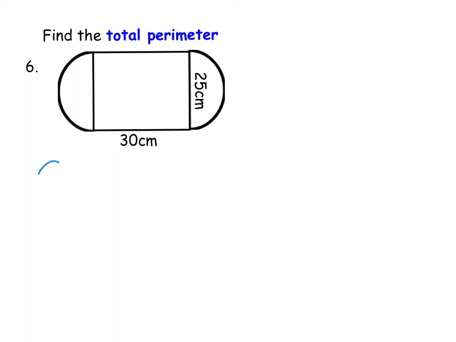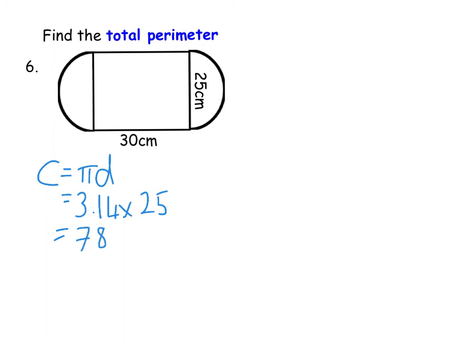So for the circumference part, it will just be normal pi d because it's a full circle. So we'll have 3.14 times, now diameter there is 25. So we'll do that on our calculator, which gives us 78.5. Now the total perimeter would have been my arc, and then I've got a 30 at the bottom and a 30 at the top.